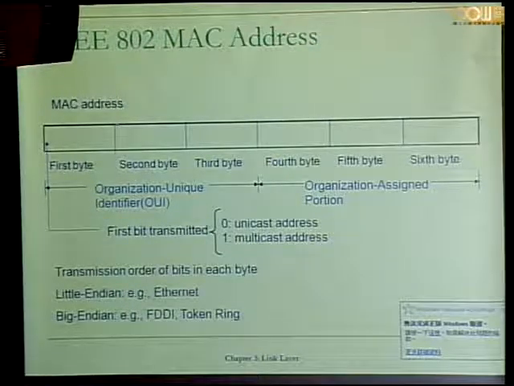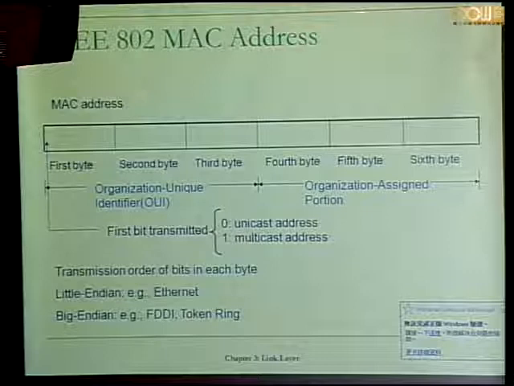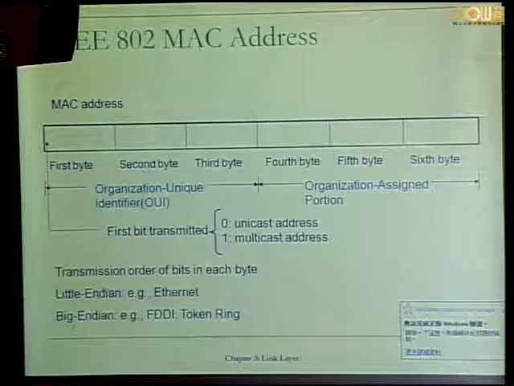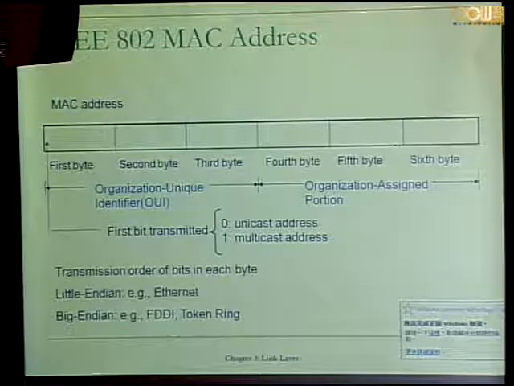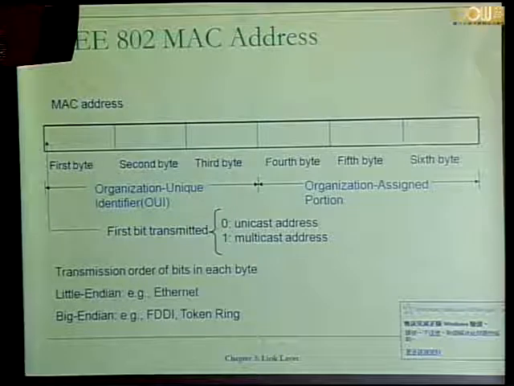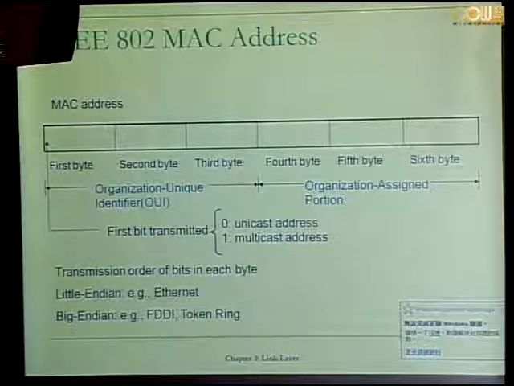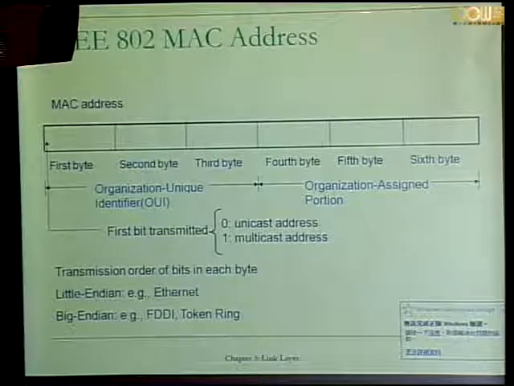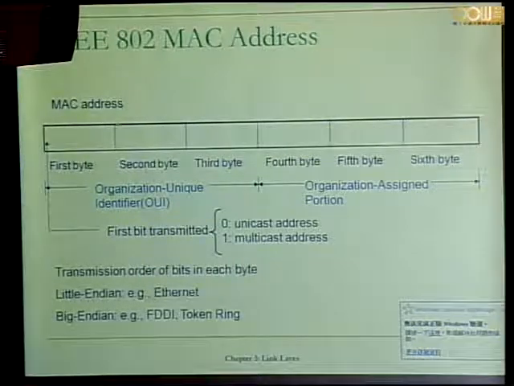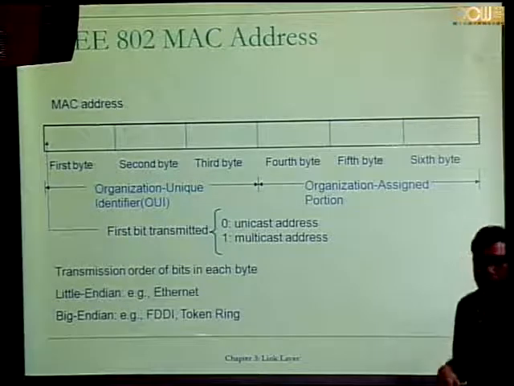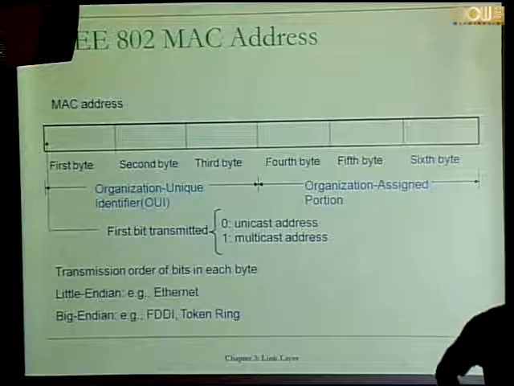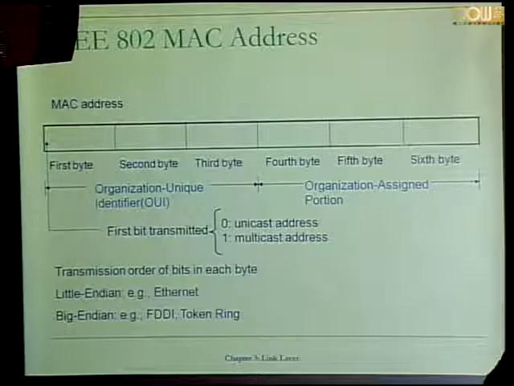so that the manufacturer only needs to be concerned about these 3 bytes: each card I manufacture would have a unique 3 bytes. Then because the organization unique identifier is unique worldwide, and these 3 bytes at the end are also unique within the manufacturer, the 6 bytes combined will be unique worldwide.